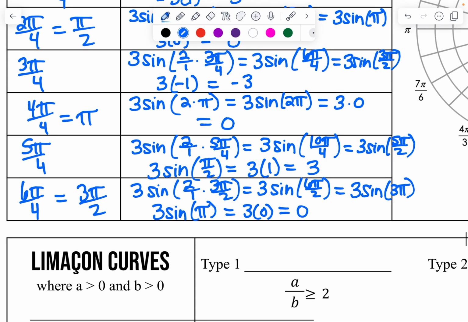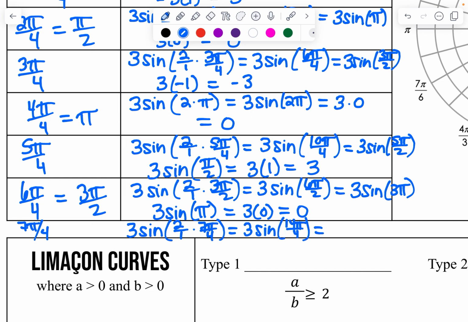And if we would do the next one, let's just do it so we can see it. If we do 7 pi over 4, we're going to be back at negative 3. Because 2 over 1 times 7 pi over 4, we would get the sine of 14 pi over 4, which reduces to 7 pi over 2.